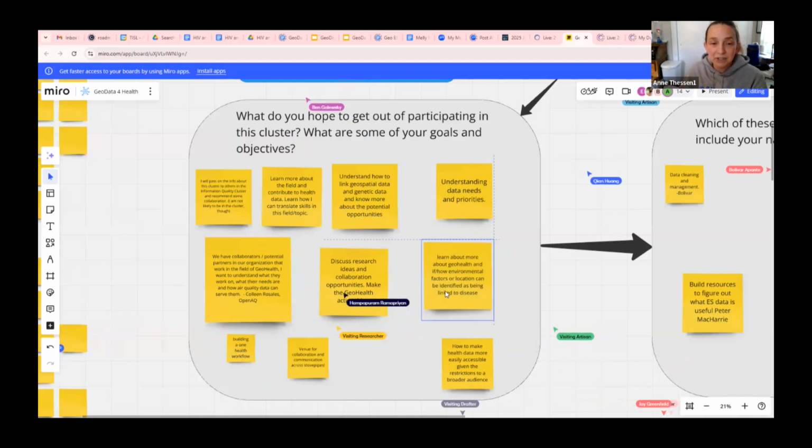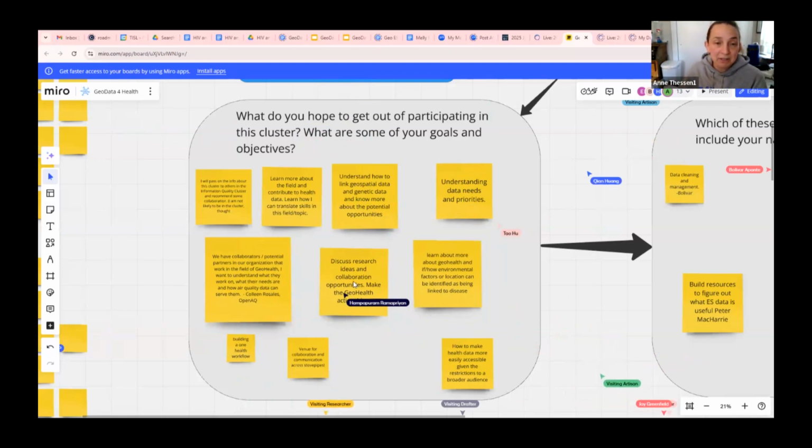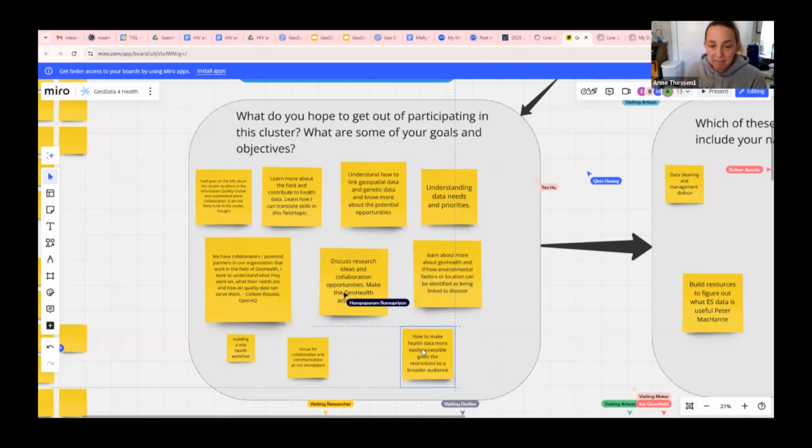So people are here to find new collaboration opportunities, learn more about what the health community needs from the earth science and environmental communities. We have a mention here of the data restrictions, data access restrictions. So this, learn more about GeoHealth and how environmental factors or location can be identified as being linked to disease.